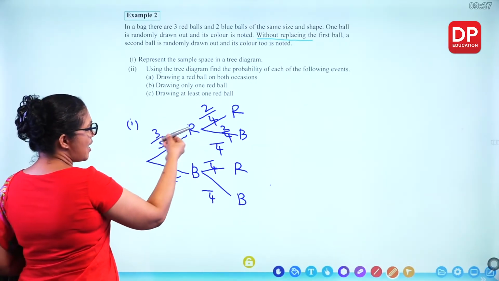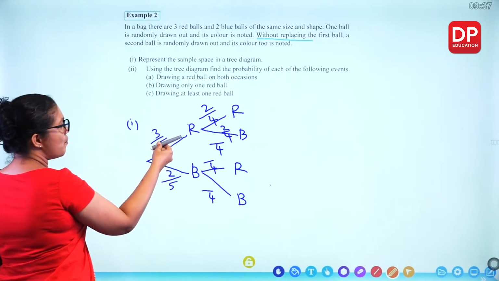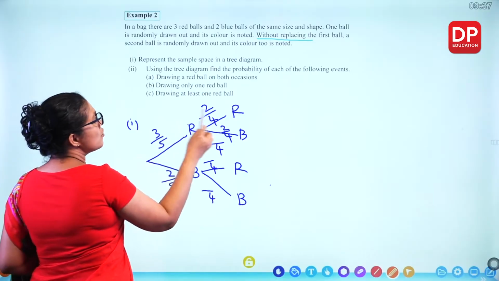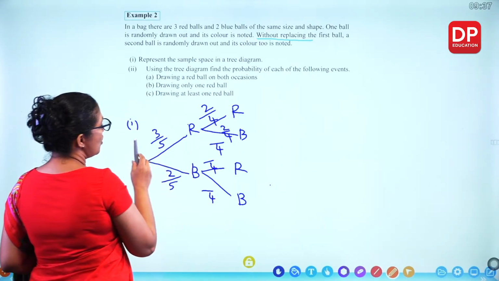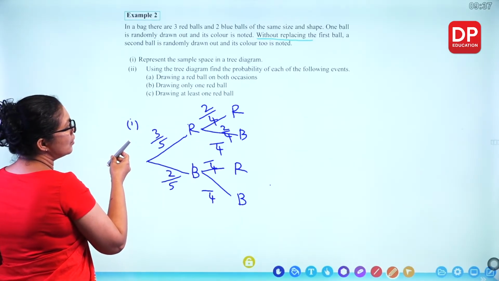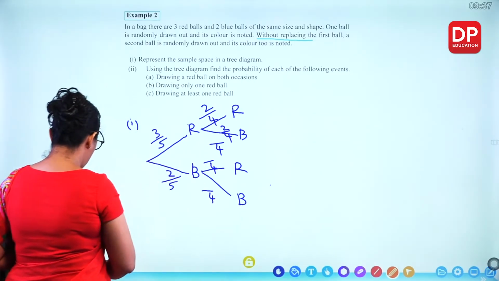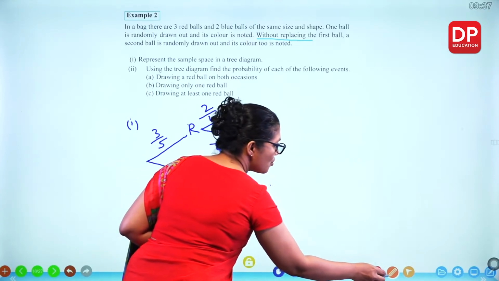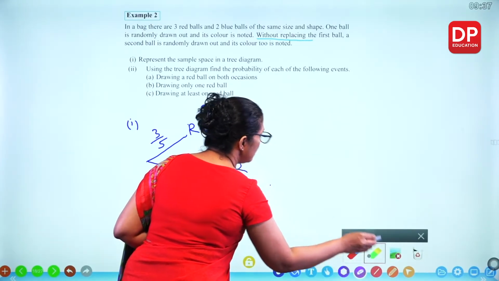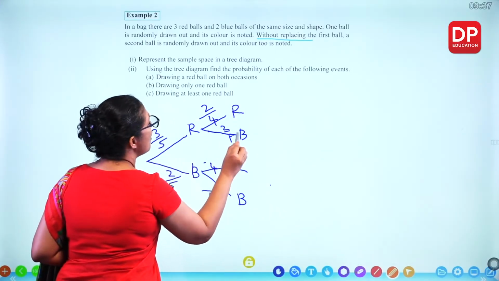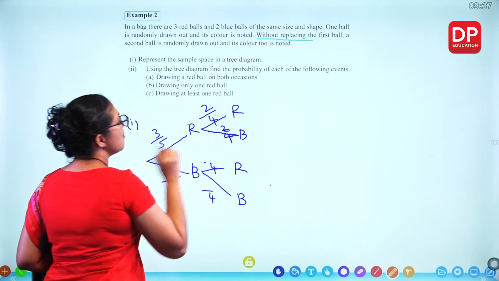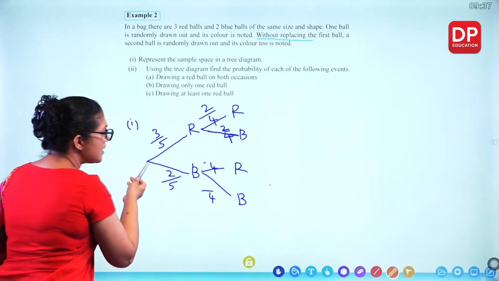Now look at this branch. You have taken a red one. So how many blues are there? So here I'll erase this one because you don't need extra probabilities there. So here we already completed this branch. Now we'll look at this branch.